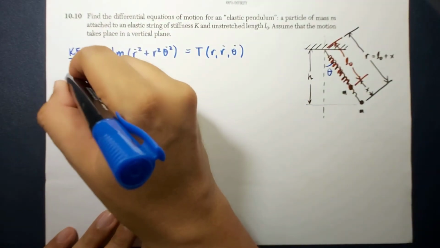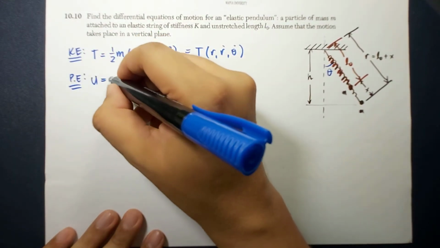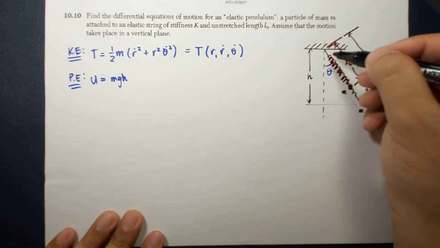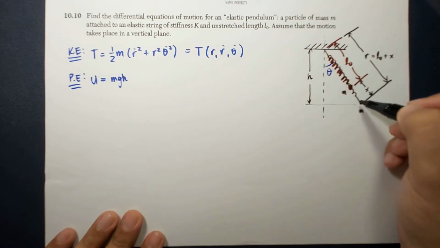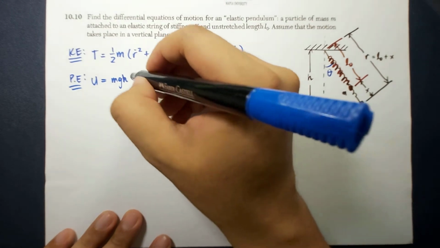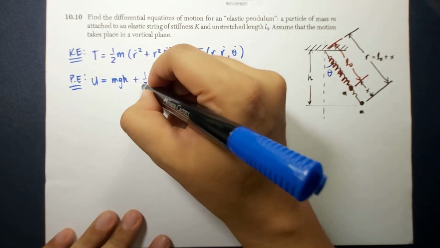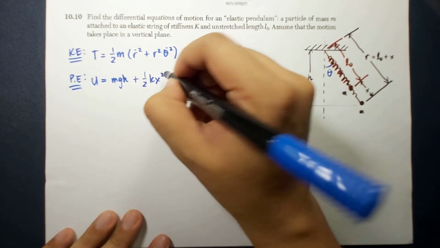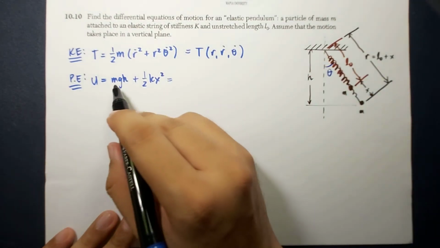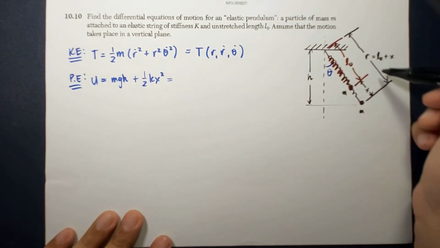Now the potential energy, on the other hand, is equal to mgh because of the presence of gravity, but because the spring contains elastic potential energy, we have to include that as well. So the total potential energy will be mgh plus 1/2 kx squared. From our definitions earlier, h would be negative r cosine theta.